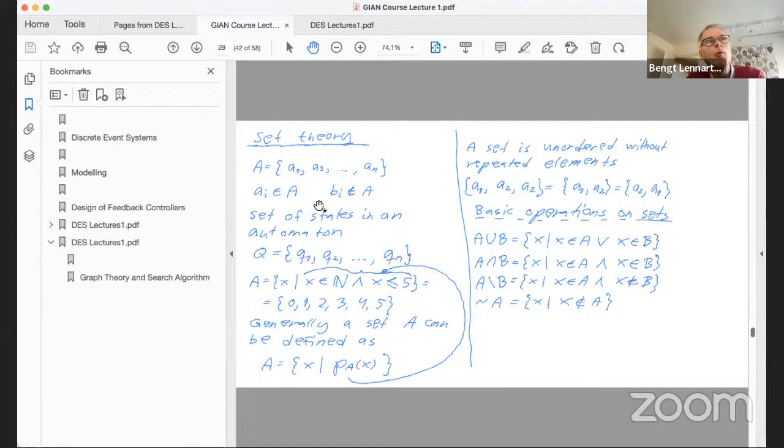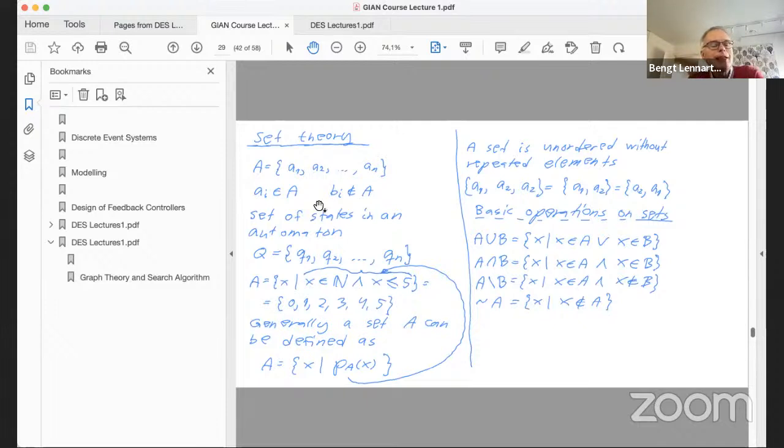Actually, we had a set omega where we had the domain of the variables. Now I talk about any type of set here, just including a couple of elements. And then, of course, I can write that a belongs to A, but b does not belong to A, because b is not an element up here.